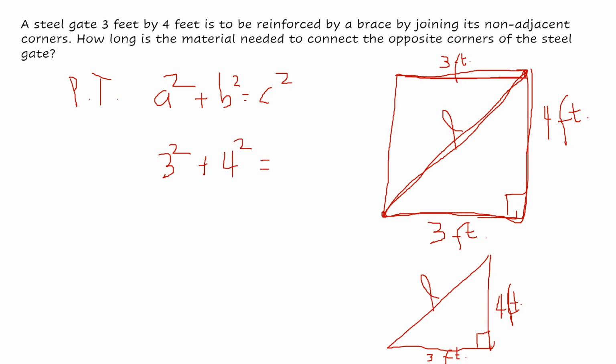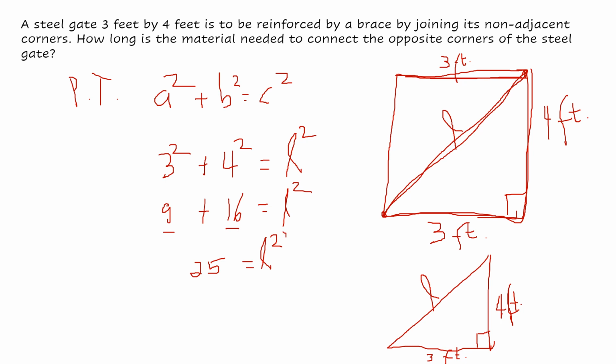And the hypotenuse c is to be represented by L. So 3 squared is 9 plus 4 squared, that's 4 times 4 is 16, equals L squared. And simplifying, 9 plus 16 is 25, equals L squared.